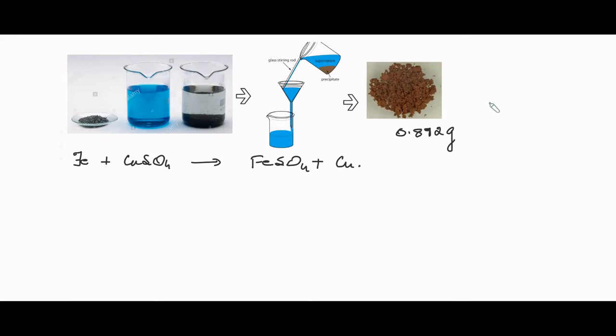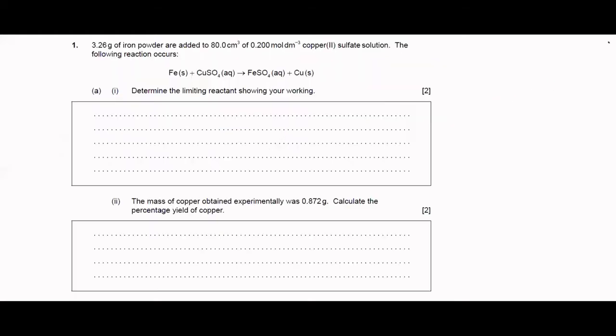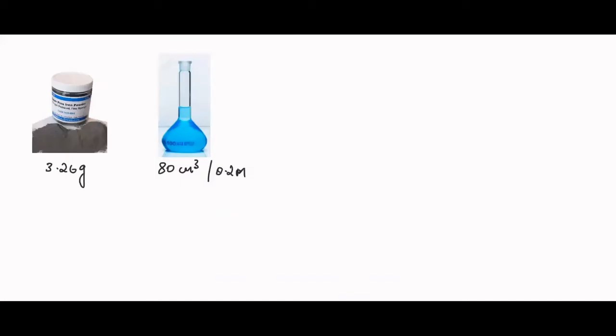Now let's try to understand how to solve this question. First, let's find out how many moles of iron there are and how many moles of copper sulfate there are. To find the moles of iron, number of moles equals mass over atomic mass of iron.